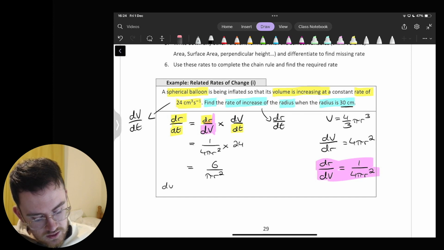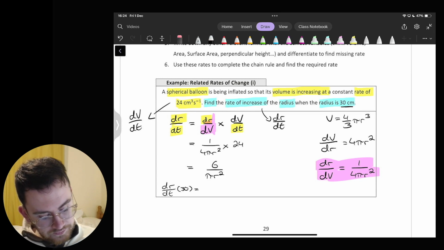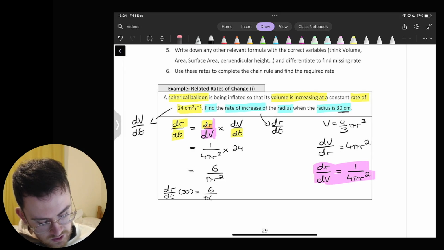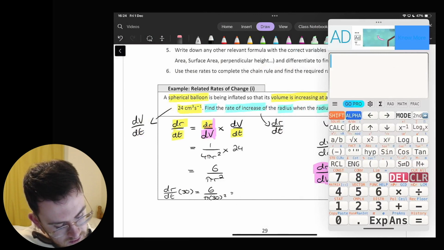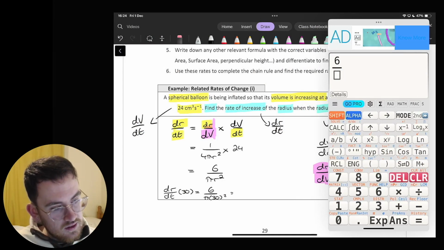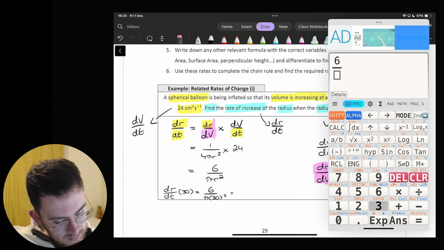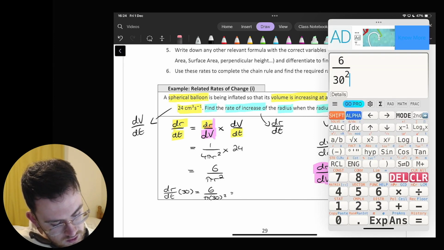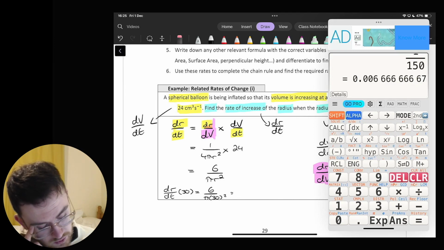So let's sub that in then. dr/dt at a radius of 30 is 6 over pi times 30 squared, and subbing that into my calculator, I could leave it in terms of pi as well. 6 over 30 squared is 1 over 150.